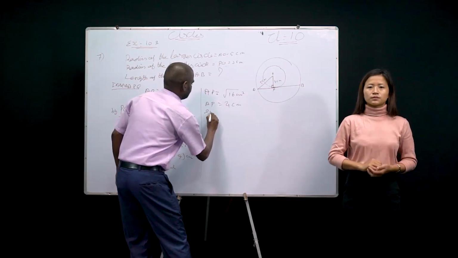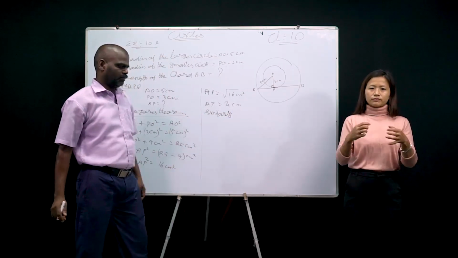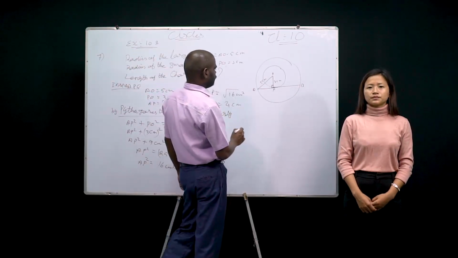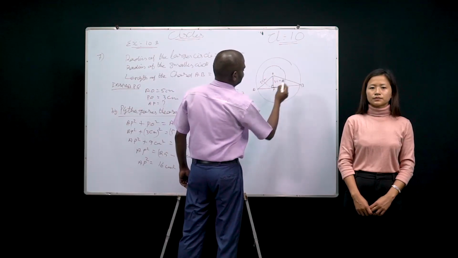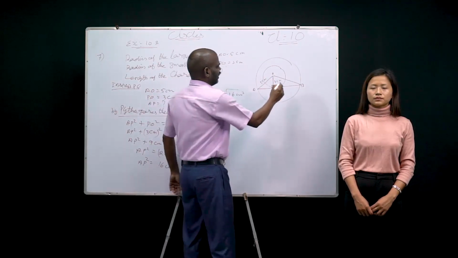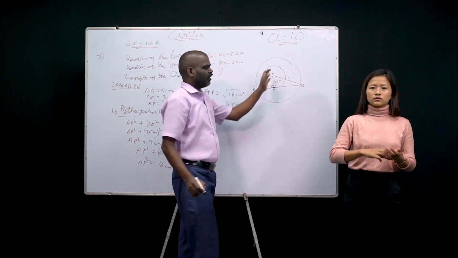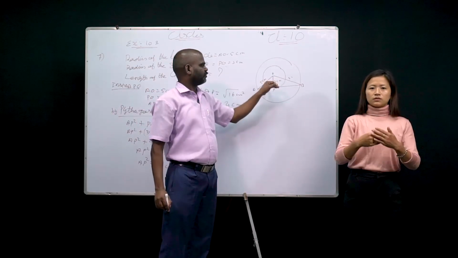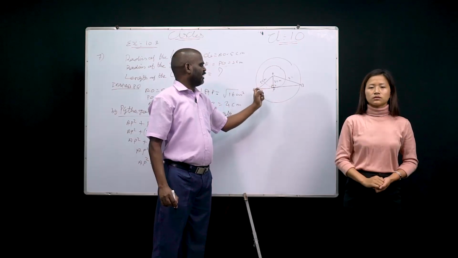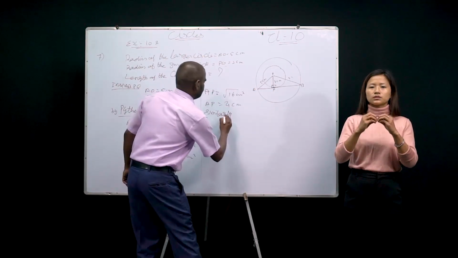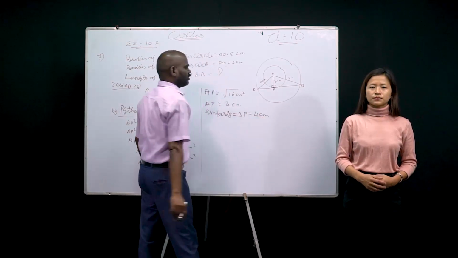Next, similarly, again here 5 centimeter, 3 centimeter, 90 degree, all are equal, right? Same, isn't it? So similarly BP also, how much? 4 centimeter.